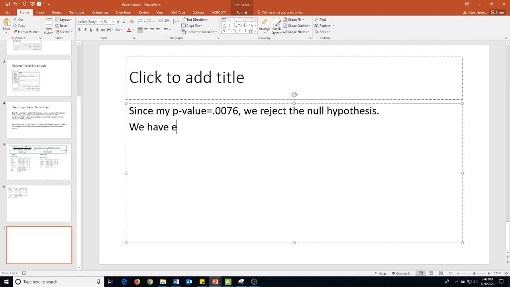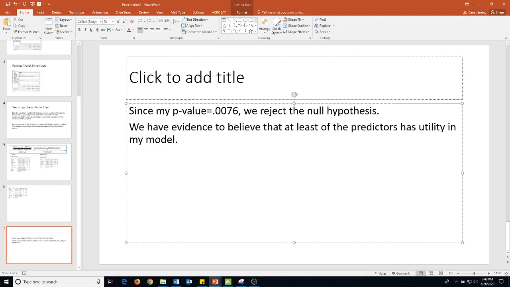We have evidence to believe that at least one of the predictors has utility in our model. So I better go back and figure out which one that might be.